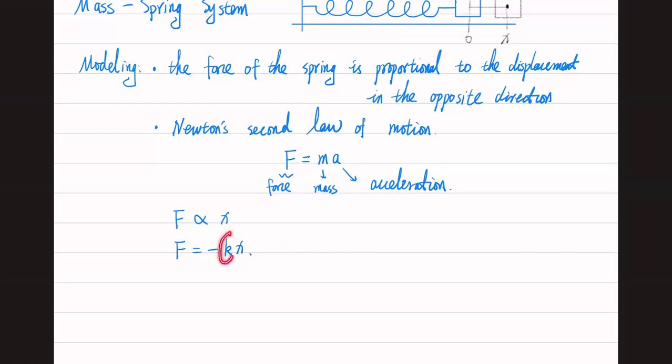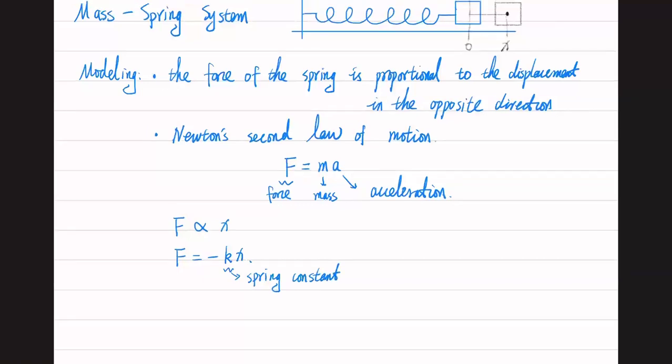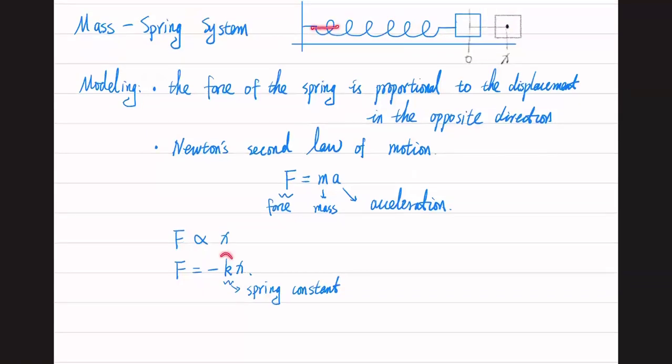K is a positive constant, the proportionality constant, and we put a negative sign to indicate it's in the opposite direction. We call this k the spring constant. For a very strong spring, k is very large, because a little bit of pull or push creates a very large force. Some springs are not that strong, so k will be small, depending on the spring.